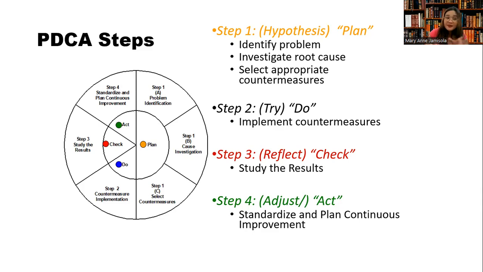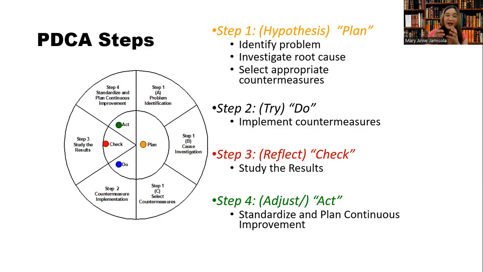So sub step 1A, since this is the planning stage, we need to identify what our problem is, because if you do not even know that a problem exists, then you will do nothing about it. So that's the first crucial step, and that is problem identification, or to identify the problem.